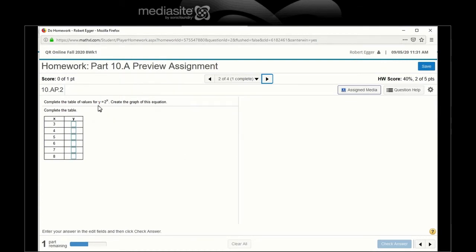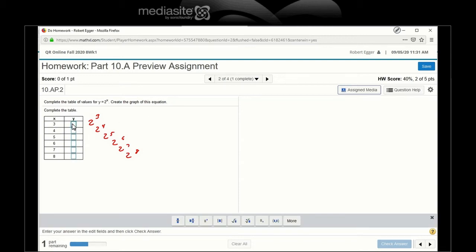Now let's do a table for y equals 2 to the x. Okay, so in this case it would be 2 to the 3rd, 2 to the 4th, 2 to the 5th, 2 to the 6th, 2 to the 7th, and 2 to the 8th. Well, 2 to the 3rd is 2 times 2 times 2, which is 2 times 2 is 4, 4 times 2 is 8. All right. Now let's multiply that by 2 again. 8 times 2 is 16.